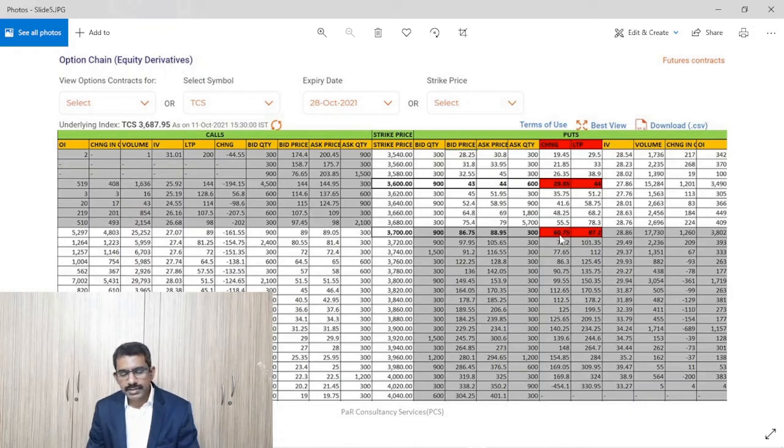The change is around 60 points, which means in the previous trading session this was trading around 27 rupees. Because of the 250 rupees fall, the option premium increased from 27 to 87, which is the change given here as 60. So now you are clear how the option premium increases when the stock price decreases.